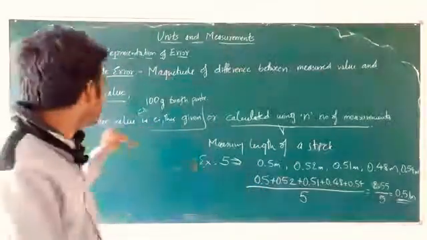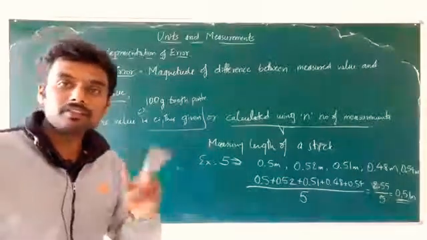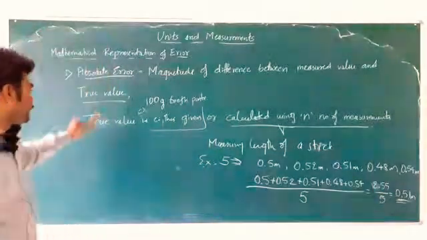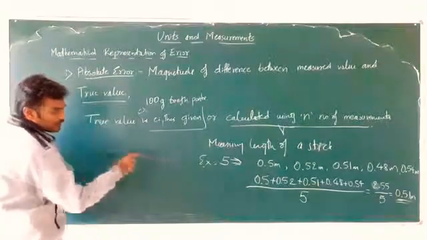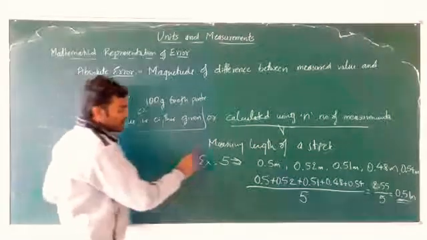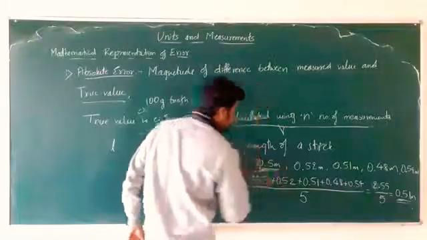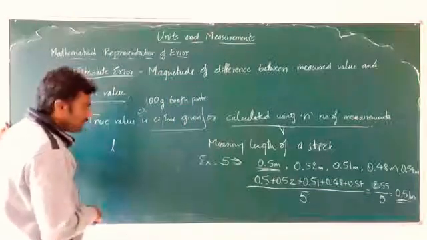So this is how we get the true value when the true value is not given to us. And that is everything about absolute error. It is just the difference. And how do we represent absolute error? Say I have a measurement, say length itself. Now for the first measurement, the first measurement is 0.5 meter, right?